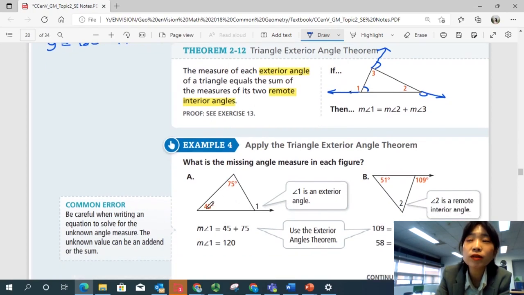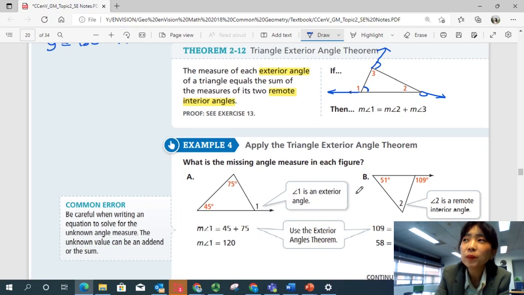You already know that 45 plus 75 will equal the measure of angle 1. That's a lot easier than figuring out the third angle and then subtracting from 180 degrees. Just add these two angles. So 45 plus 75 is 120. That is your exterior angle 1.